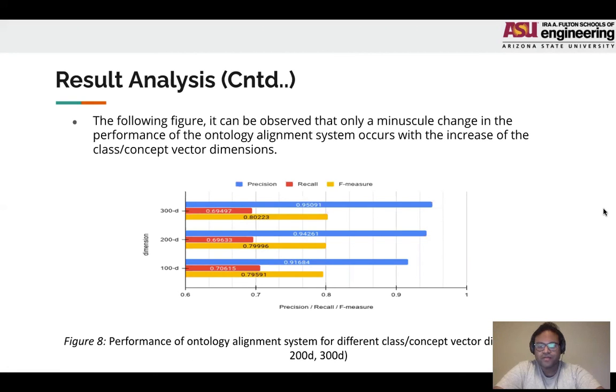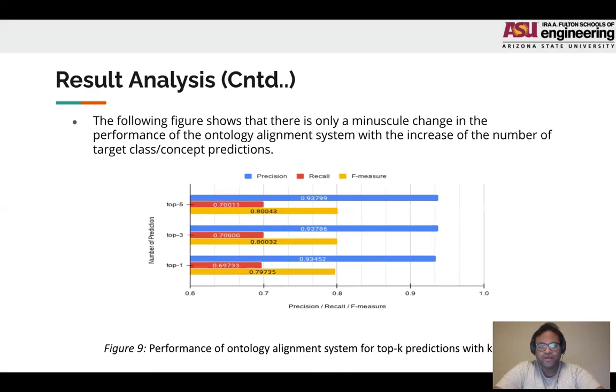That means as the dimension increases, it holds more and more information. But we can see that the results are very close to each other. So even with the smaller dimension, 100D, we can still achieve similar accuracy with our approach.